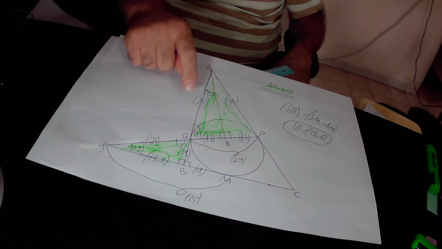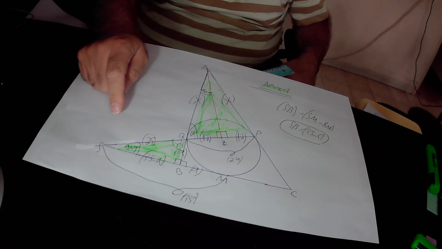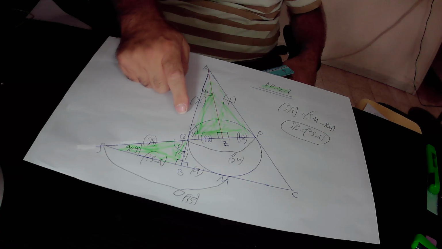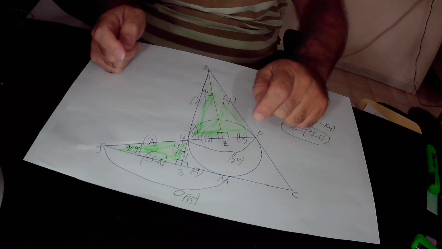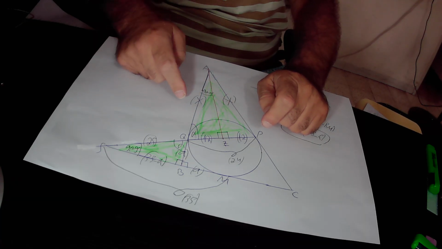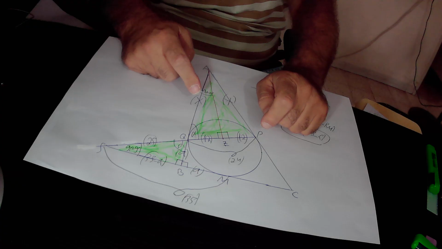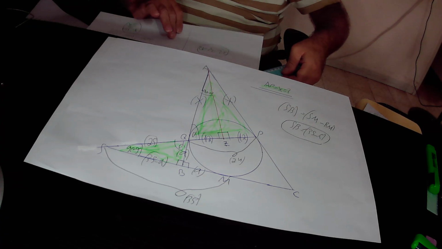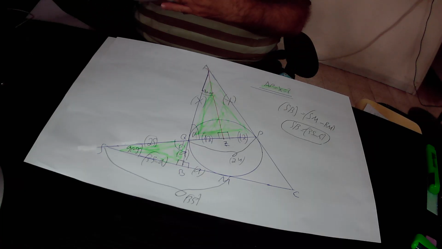Side QS of the right triangle QSB, or side AQ of this right triangle AQZ, equals side QB of this right triangle SQB, or side QZ of this triangle AQZ. Again, from the fact that those two triangles are similar to each other, we realize that the following relationship exists between their sides.